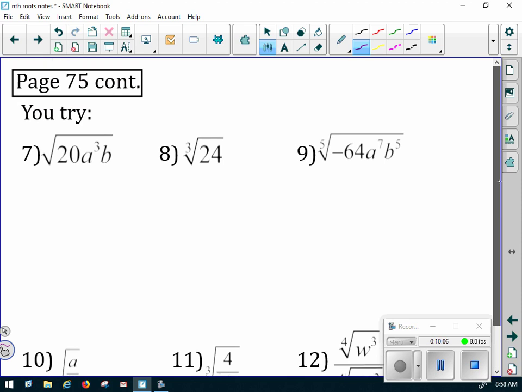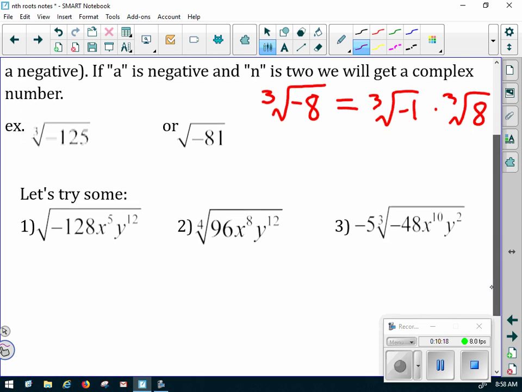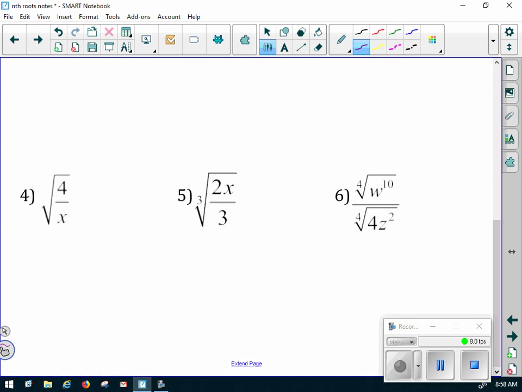If you need to take 2 pages to do this, let's just plan on finishing 5 and 6 on that page, and then we'll go to the next page and do 7 through 12.